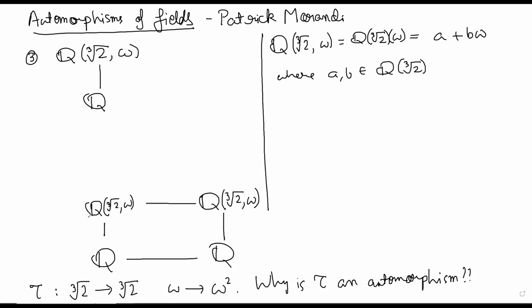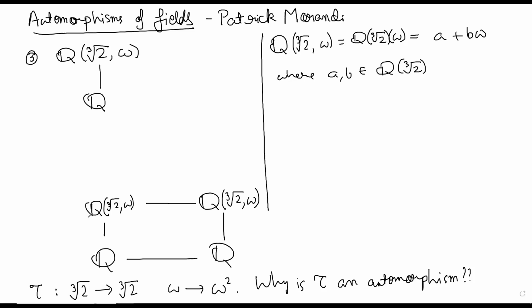In defining the images, okay. So maybe like omega going to omega square. The problem here is for us to say why this definition is an automorphism.